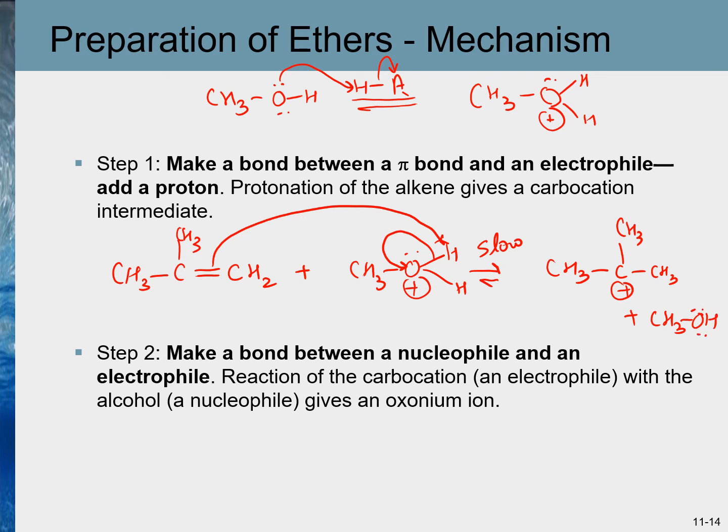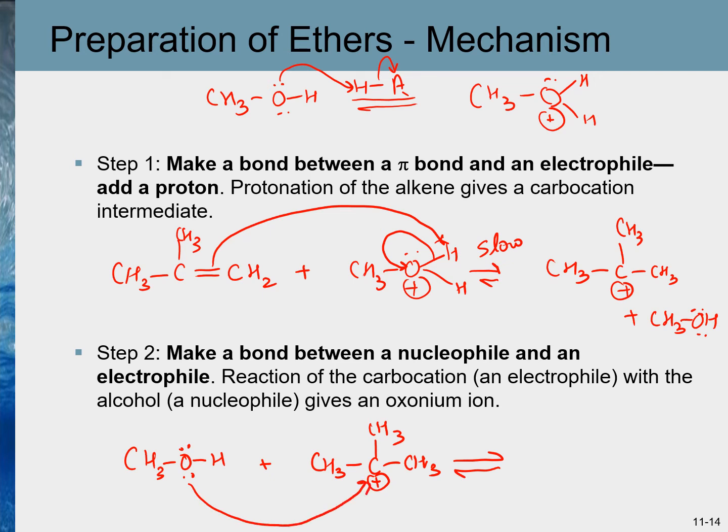In the next step, another alcohol molecule acts as a nucleophile and it attacks the tertiary carbocation. And this attack results in formation of a new oxonium ion.